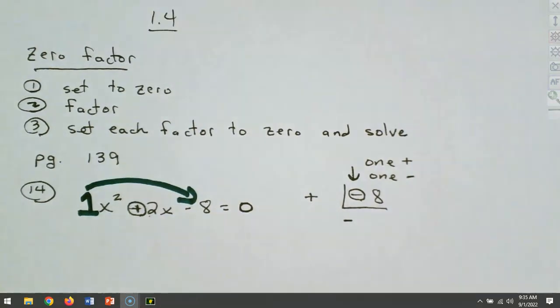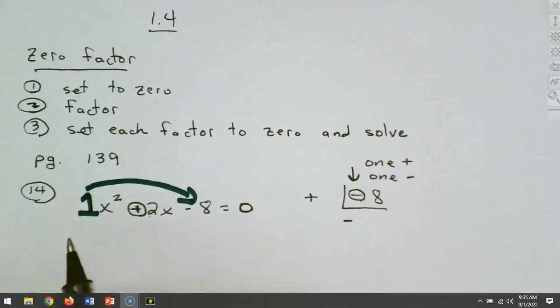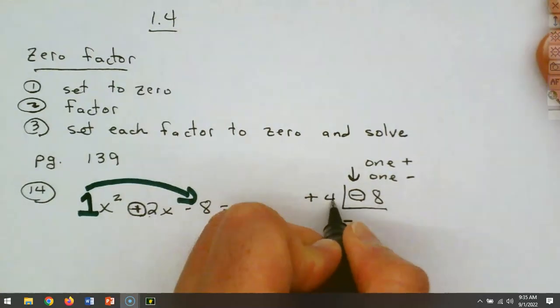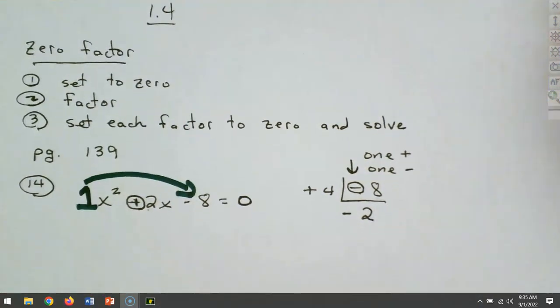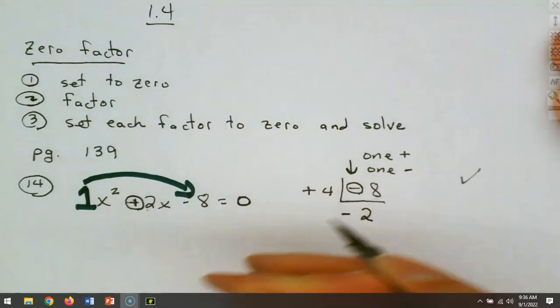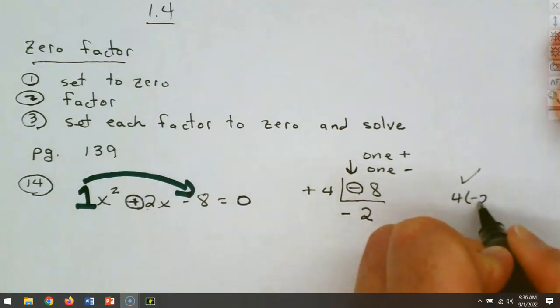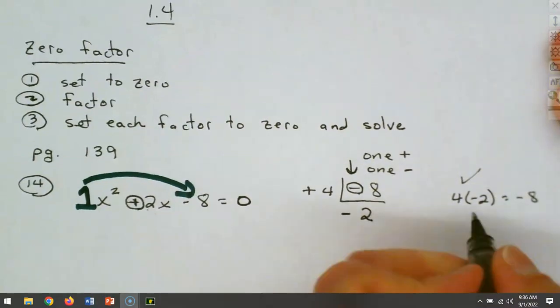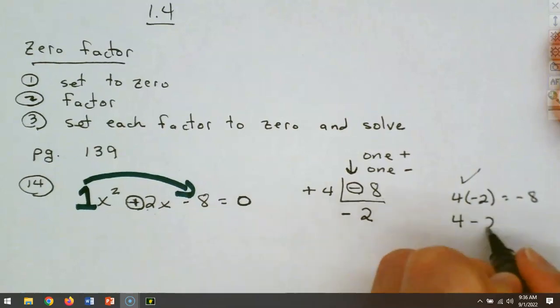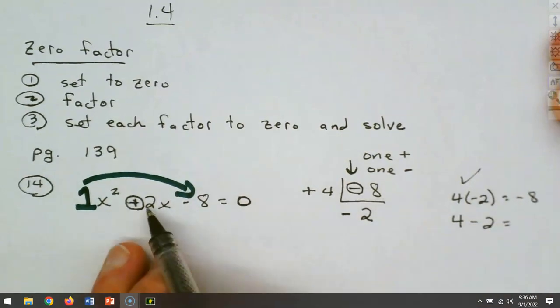What two numbers can multiply together to give you that negative 8, subtract from each other to give you 2? I'll kind of give you a hint. I'll kind of work this one out for you. How about 4 and negative 2? Does that work? Right? Why is that going to work for us? Well, to check it, 4 times a negative 2 is what? Negative 8. And 4 minus 2 is what? 2 in the middle.